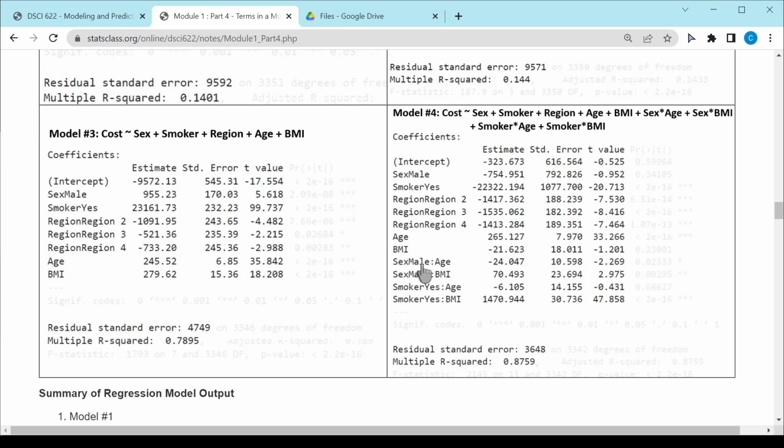If I have a female, which is not listed here anywhere, then this is going to be the coefficient on age, the 265. If I want to make a prediction for a male, like I said before, I'm going to have to subtract off 754. But also when I'm looking at the effect of age, I'm going to have to subtract off another 24 from the age coefficient.